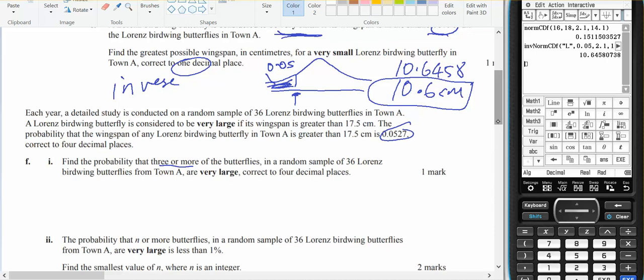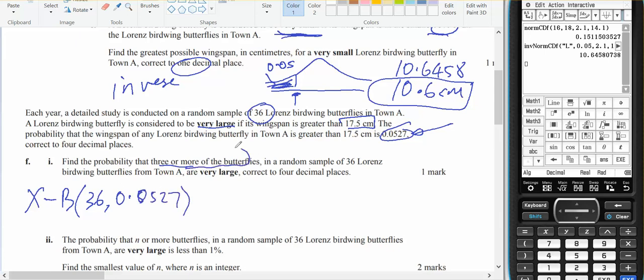Every year they conduct a sample of 36, and if it's very large it's considered greater than 17.5, and I've been given that probability. So X is now binomial. I've got 36 butterflies selected, and the probability that they're very large is 0.0527. What's the probability of 3 or more of those butterflies, so probability that X is greater than or equal to 3. So I'm looking at binomial CDF from 3 to 36.